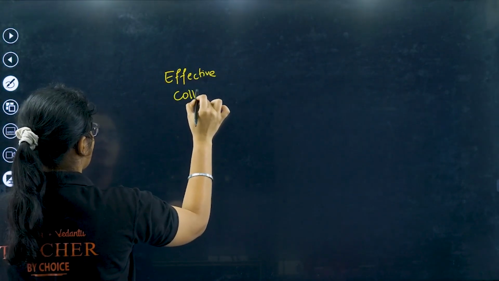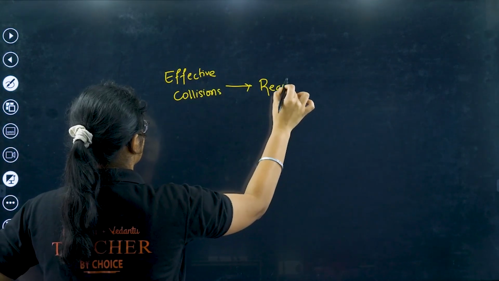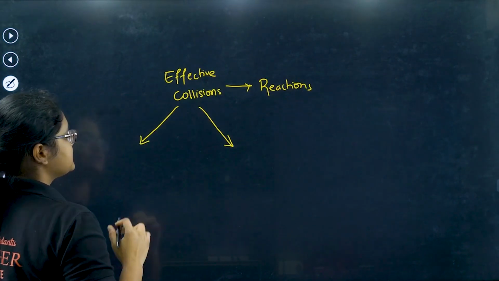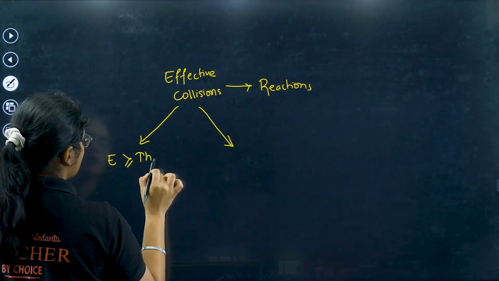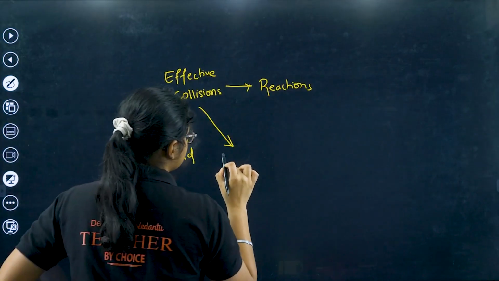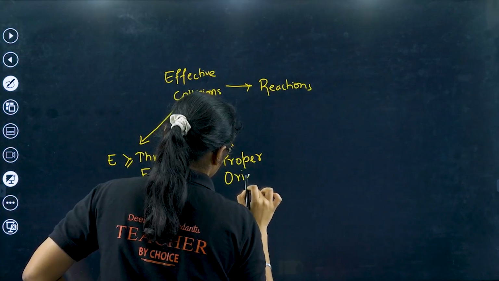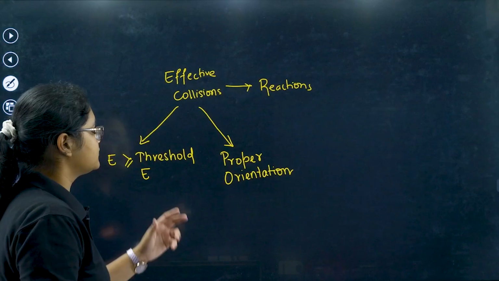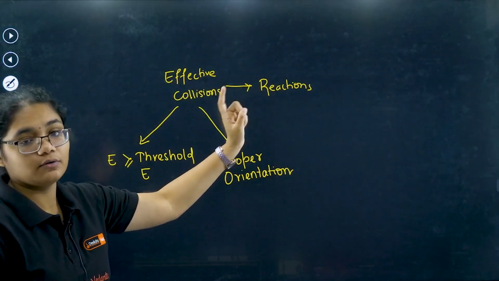Effective collisions are defined where the energy of the collision is greater than or equal to the threshold energy, and there is proper orientation. These two factors lead to effective collision, and effective collision leads to reactions.